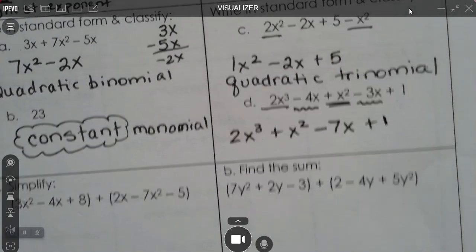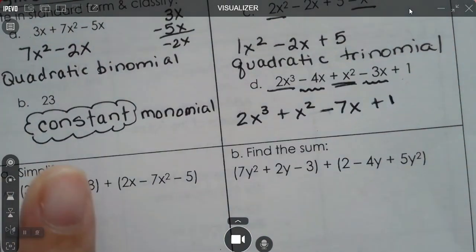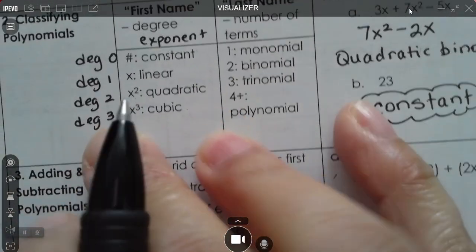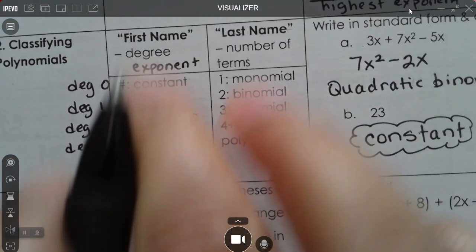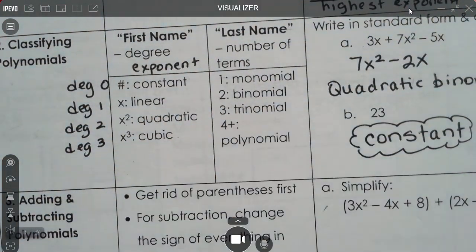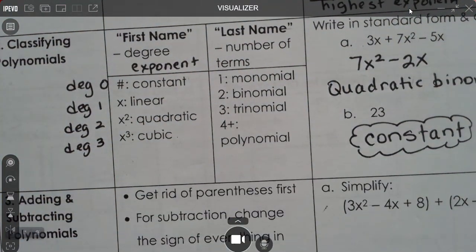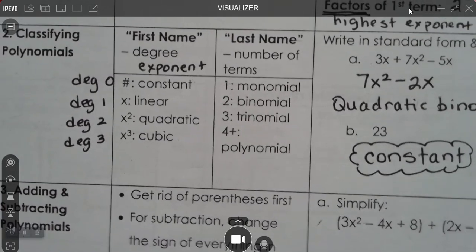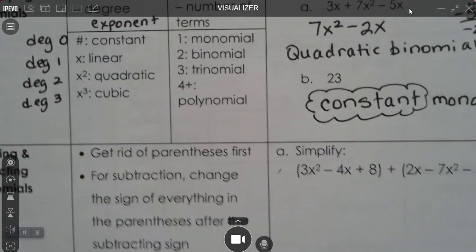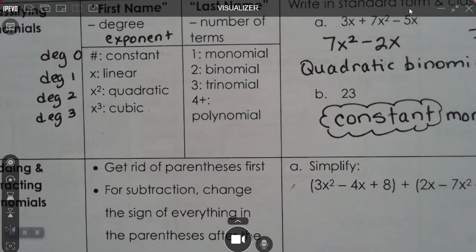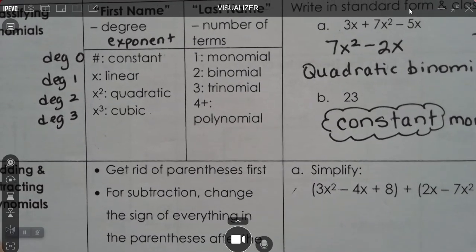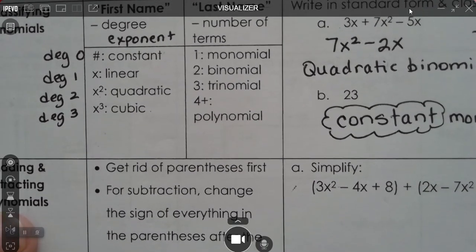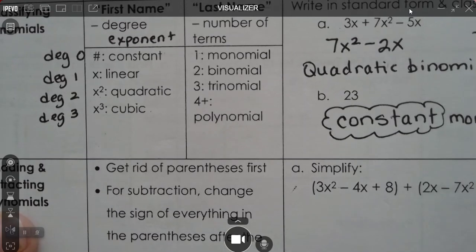All right, so now we've practiced this already. Determine the name of this polynomial by determining the first name and the last name. Okay. So what's the first name?